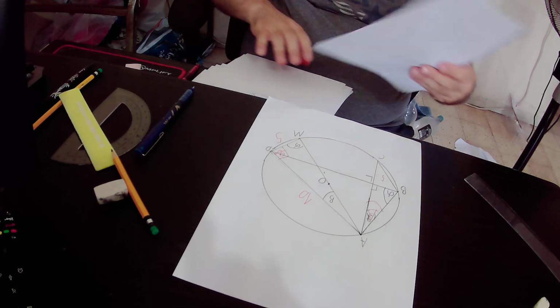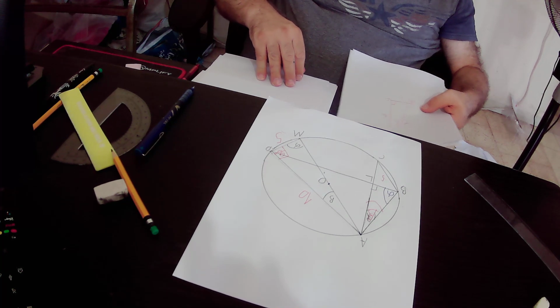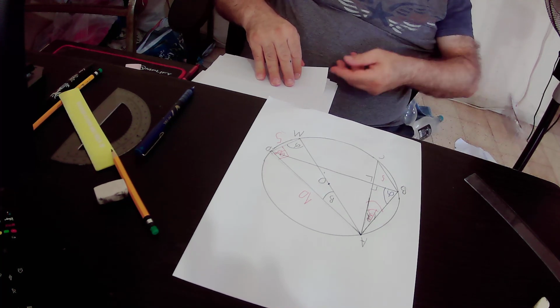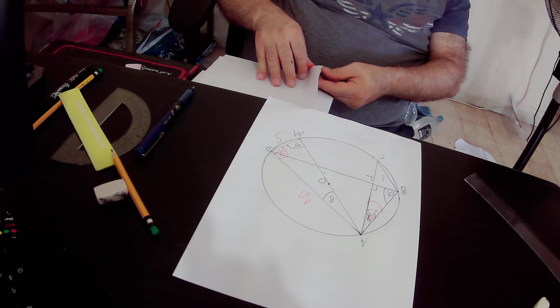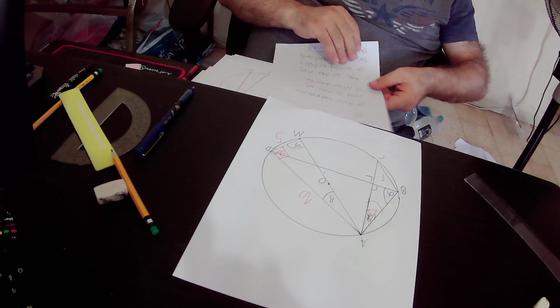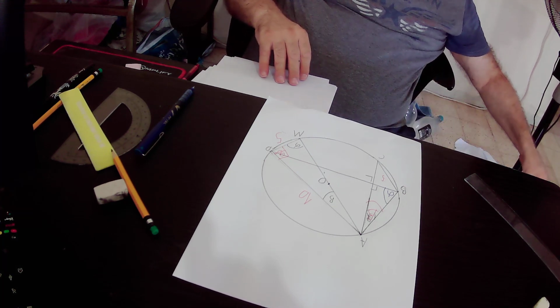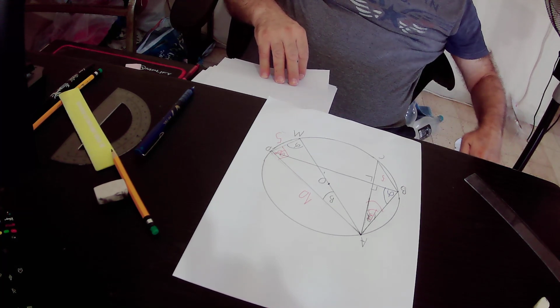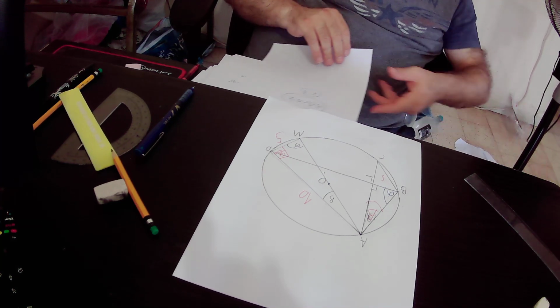First of all, I explained to you the theorem of a peripheral angle. A peripheral angle is an angle inside the circle.